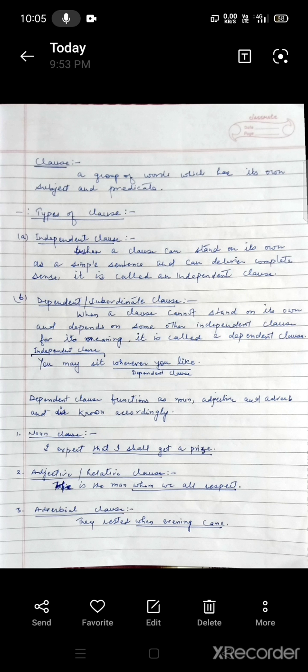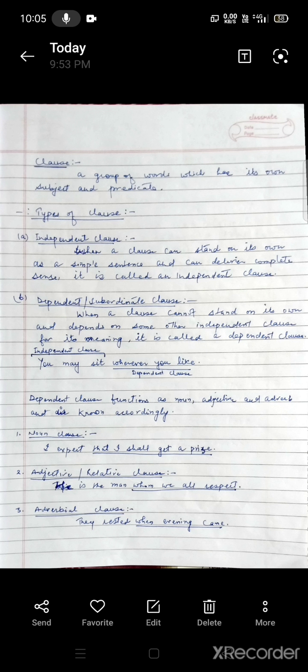But when we look at the other part of the sentence, the dependent clause, which we also call the subordinate clause, wherever you like, it cannot make sense when it stands all alone. So this sentence, you may sit wherever you like, contains two clauses, an independent clause as well as a dependent clause, and it is a complex sentence.